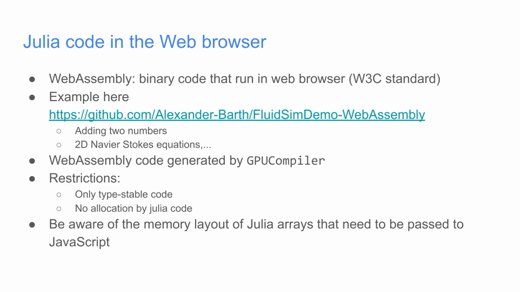So if you use CUDA or AMD graphic cards, you're probably also using GPUCompiler under the hood. So GPUCompiler initially was developed to take Julia code and make it run on the GPU. But by now it's a fairly general package. It's not really specific to GPUs anymore. And you can declare another compiler type.